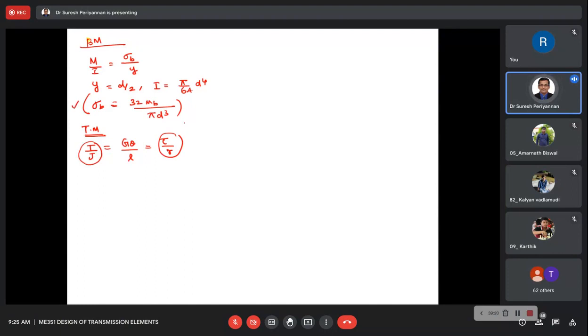We are not thinking about torsional rigidity; that will come later. Now I am taking only these two components. Then tau is equal to 16 Mt divided by pi d cube, where T is nothing but the torsional moment Mt.